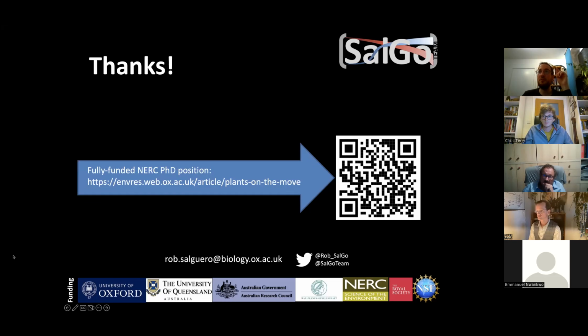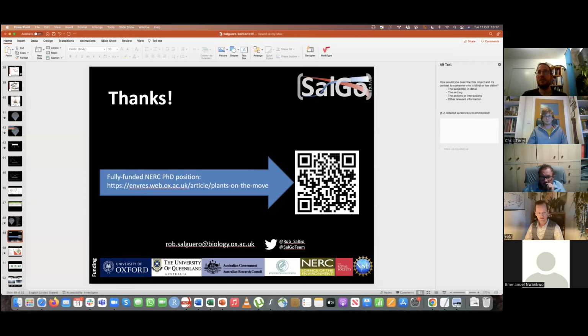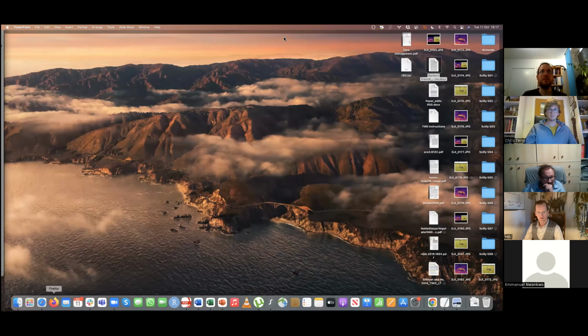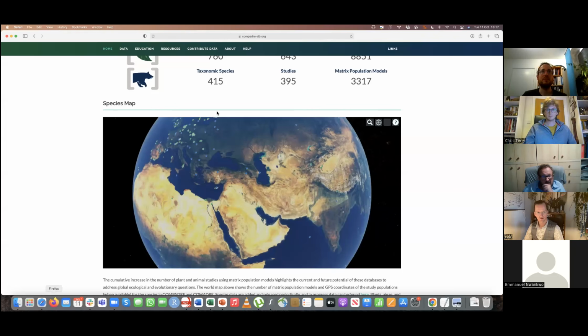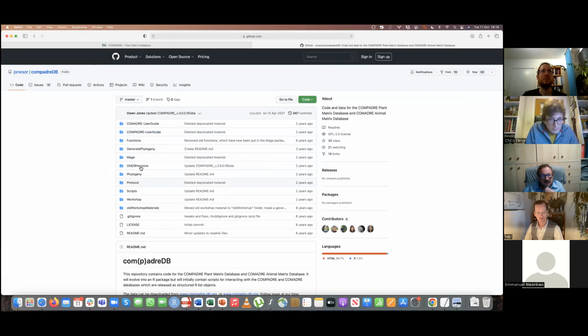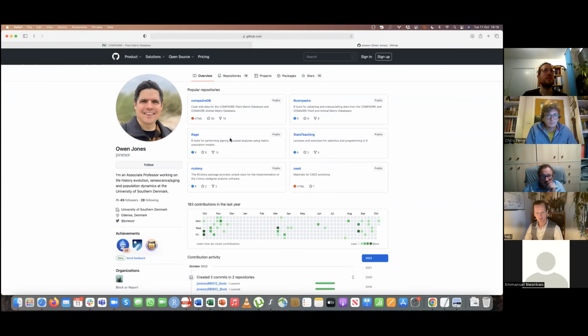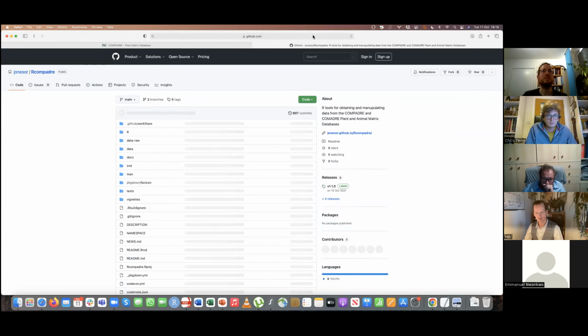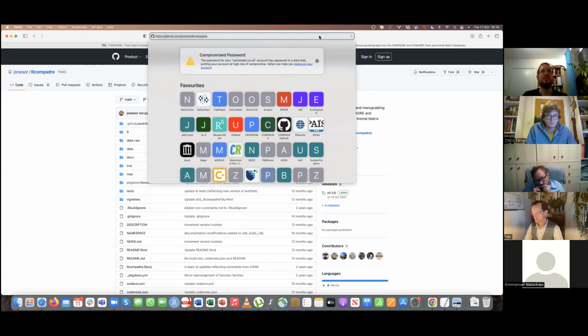In that case, can you please type a link into the chat? Yep. There are two packages that we developed recently. One is called rcompadre. This is the GitHub for rcompadre.